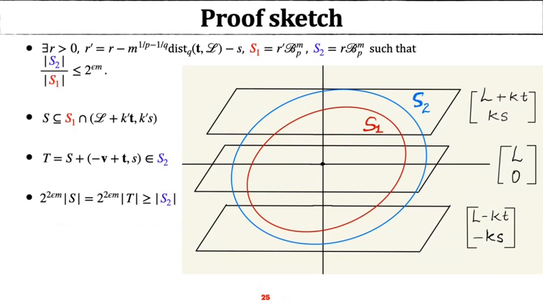So if the set S is not much smaller than S2, then with 2 to the power minus epsilon m probability, we can find a vector in set S. Similarly, with 2 to the power minus epsilon m probability, we can find a vector from set T. So by repeating this algorithm 2 to the 2 epsilon m times, we get one vector from S and one vector from T, and the difference is the solution for the closest vector problem. So this is it for the proof sketch of our reduction.